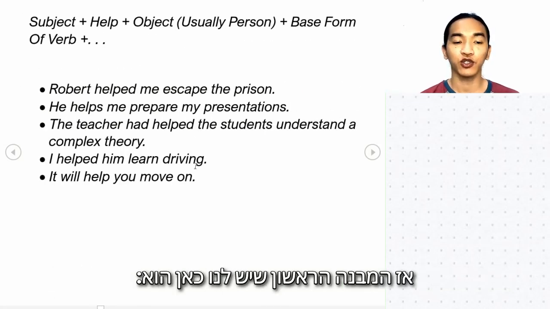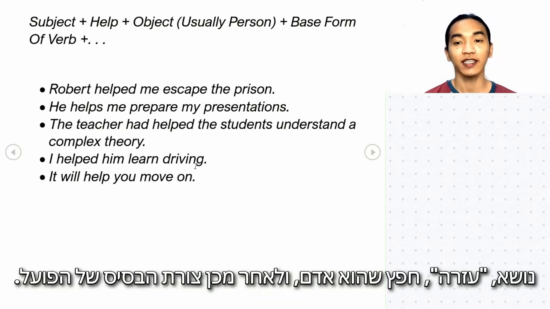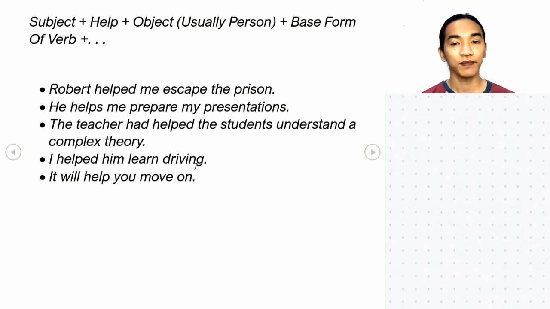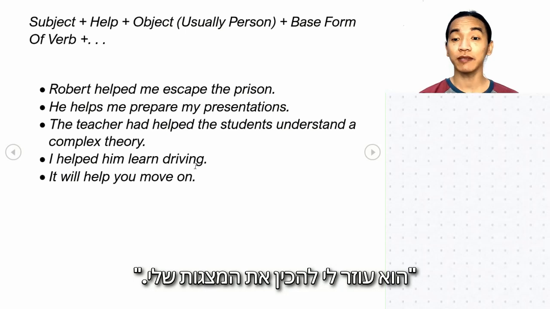The first structure that we have here is subject plus help, and then object, which is usually a person, and then base form of the verb. Subject, help, object, which is a person, and then base form of the verb. Example, Robert helped me escape the prison. He helps me prepare my presentations.